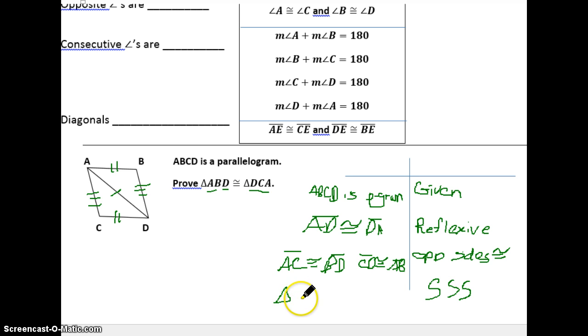So that's it. And you're actually going to find that there's lots of congruent triangles within these quadrilaterals that we do. So I know this wasn't everybody's favorite thing last semester, but it's not going away. So if you didn't get it, we've got to get it. So the triangle ABD is congruent to triangle DCA, and that's by side, side, side.